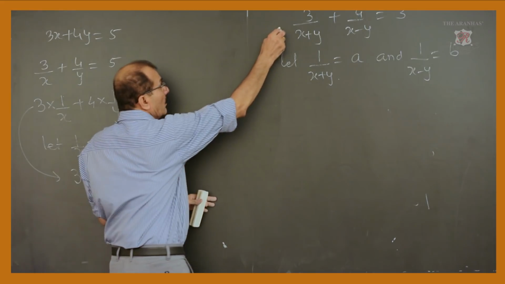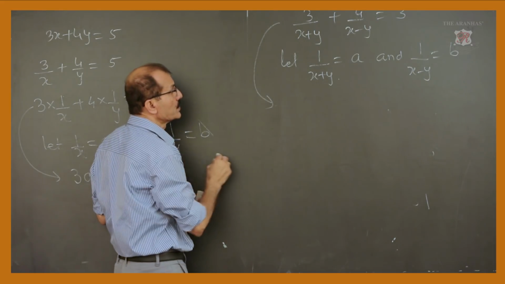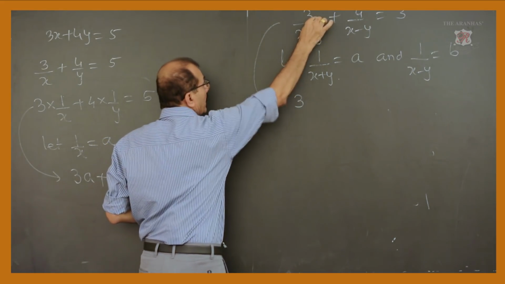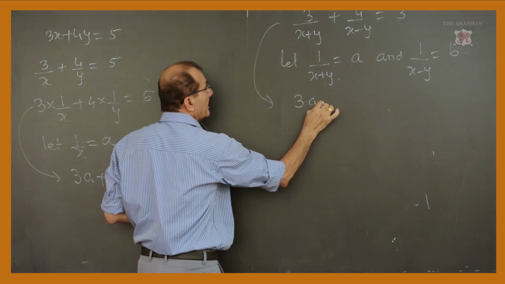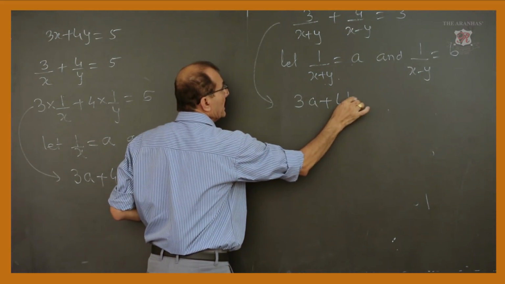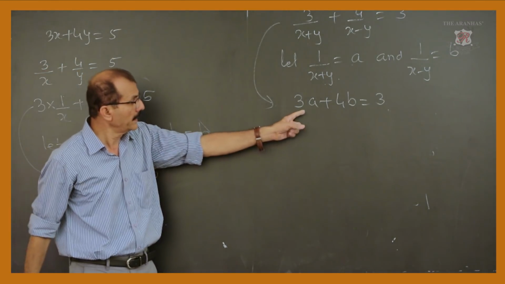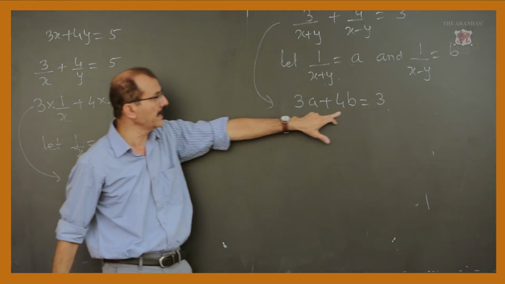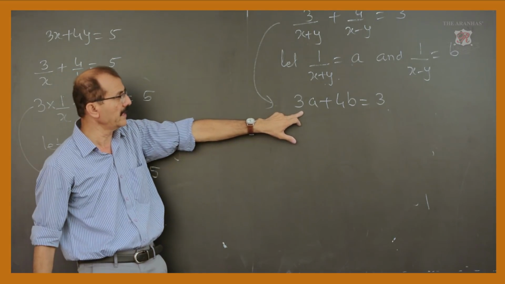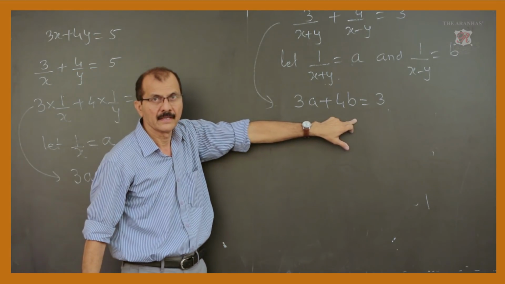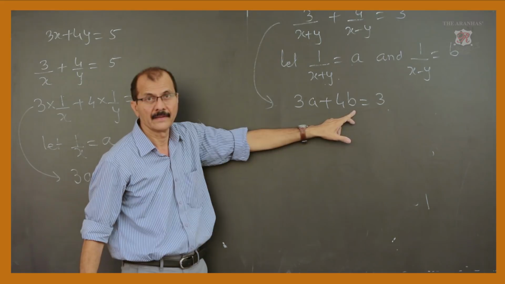So now this equation reduces to 3, 1 upon x plus y means a, plus 4b is equal to 3. See, again this will be a linear equation in two variables a and b because the degree is 1.